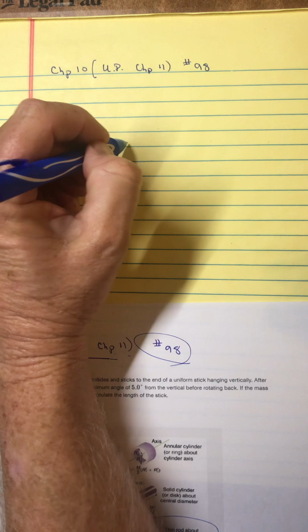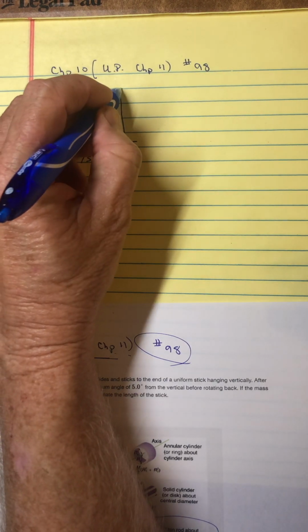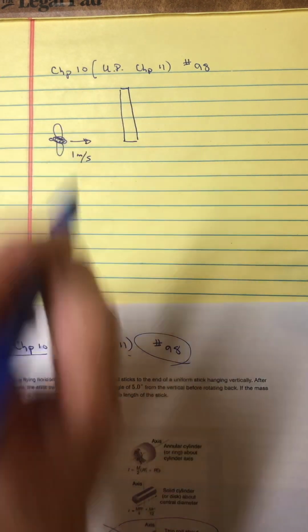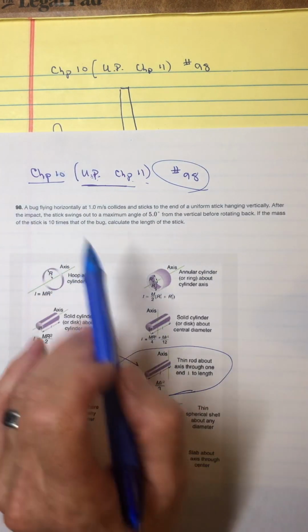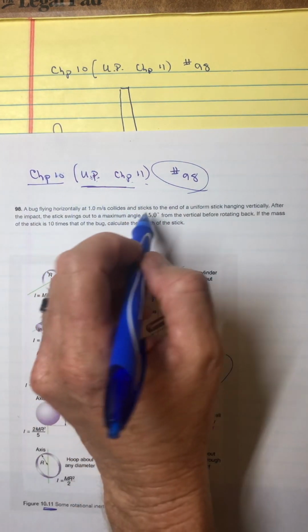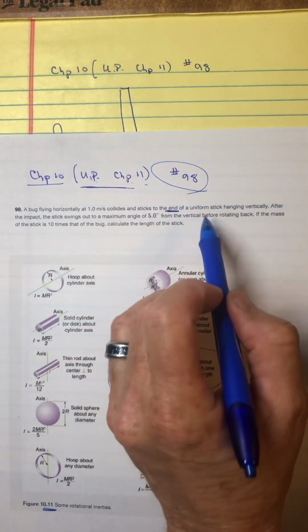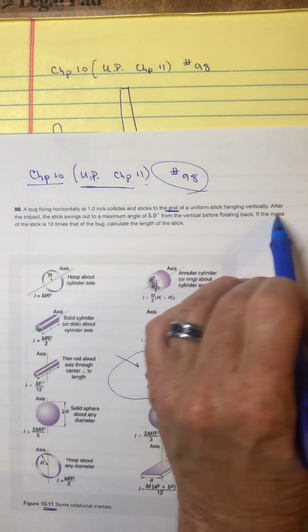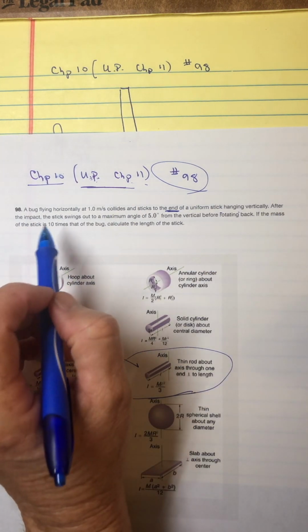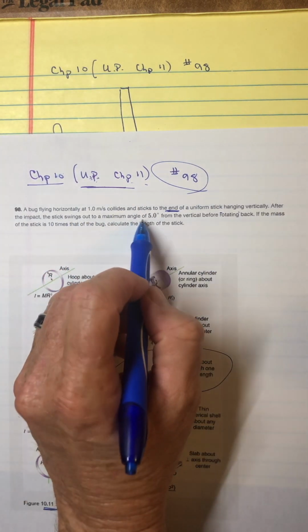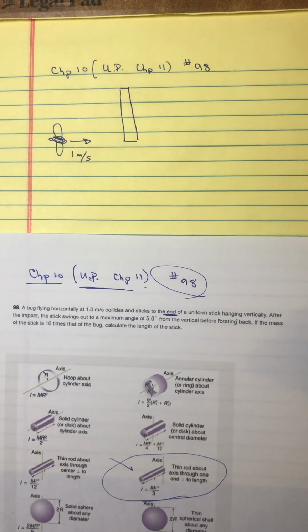So we've got this stick that's hanging, and it crashes at the end. After the impact, the stick swings out to a maximum angle of 5 degrees.